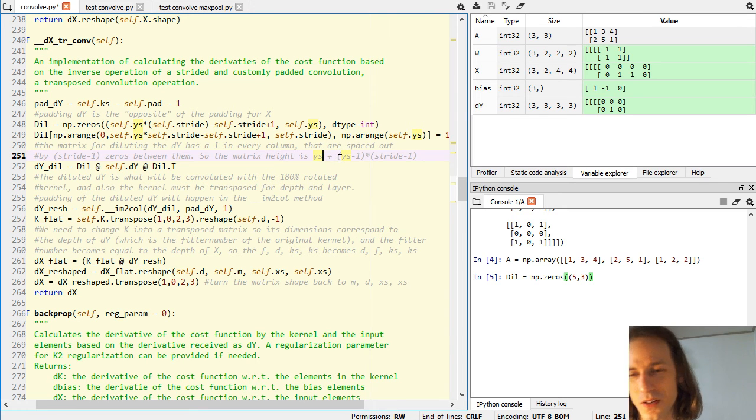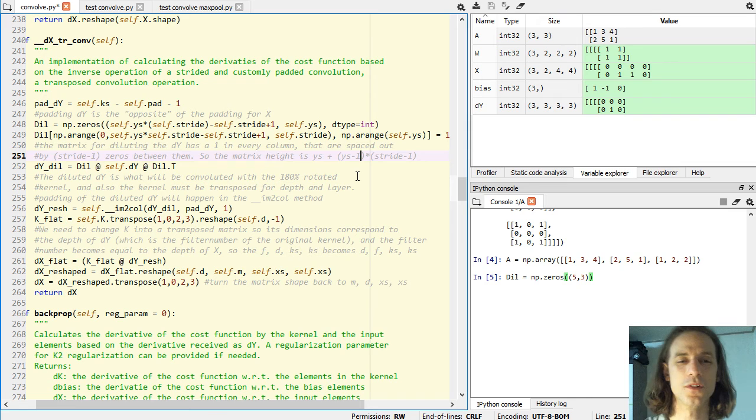What it comes to is basically, stride is 2, stride minus 1 is 1, so I need to dilute with 1 zero. Because I don't want to put zeros on the sides, I want to put the zeros only between the elements.